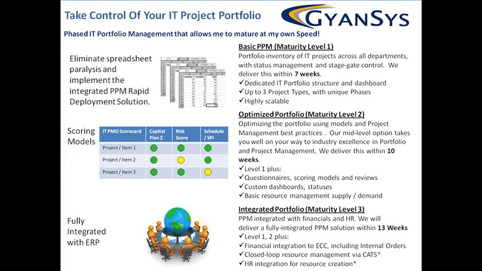And if you're running CATS then we'll pull those actuals right back into the portfolio management through the CATS time entry interface. So that way we align our solutions with your maturity, and we've bundled it into fixed price, very cost effective, very short duration projects to help you get up and running with PPM.